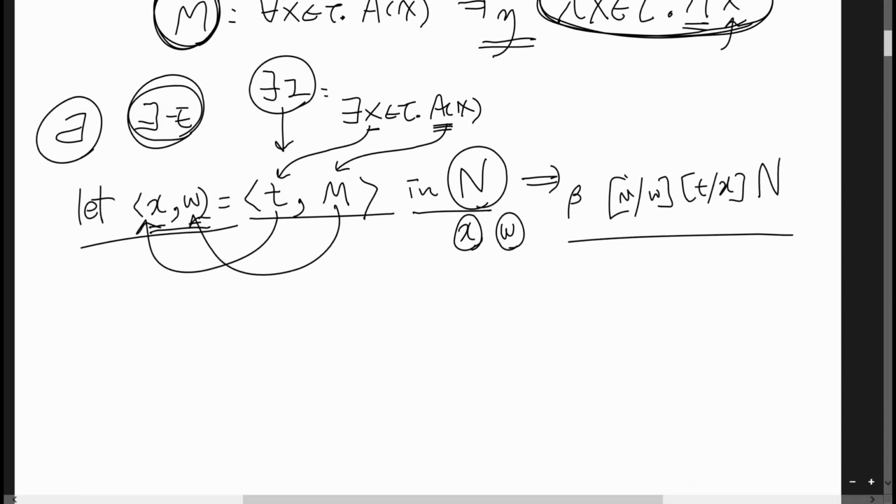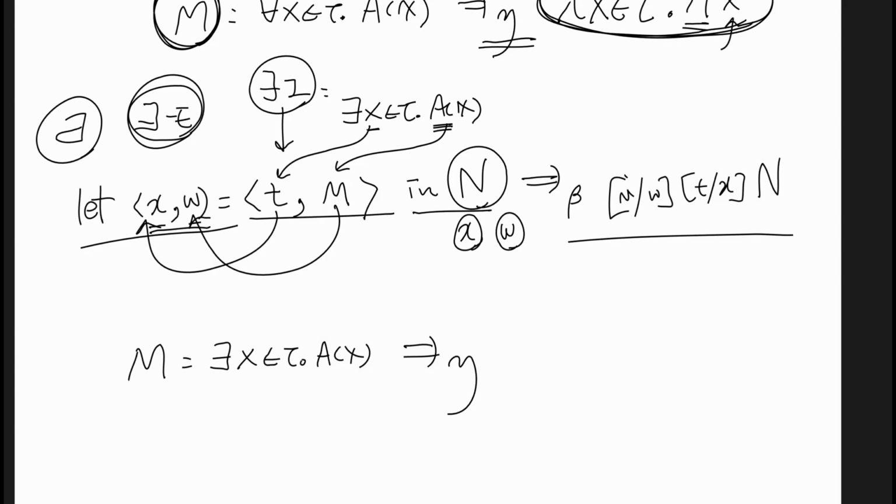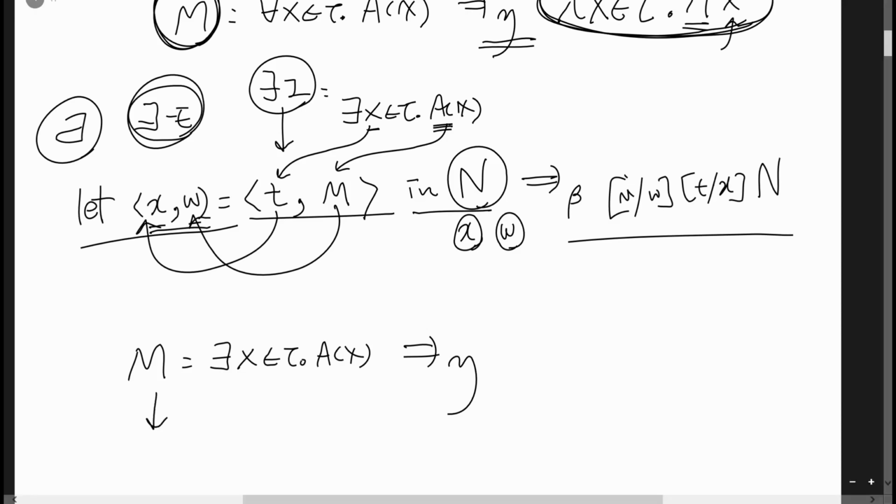And what about eta expansion? In the case of eta expansion, we start with a proof term of this existential type. So how can we eta expand it? We just destruct this one and then rebuild it by exploiting this let binding.